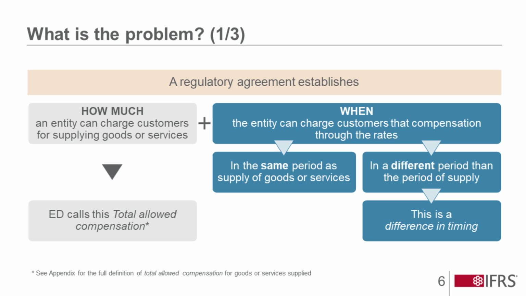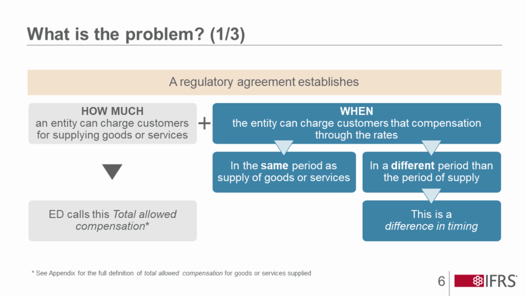But in some cases, there is a difference in timing. The regulatory agreement requires the entity to include in the rate some of that compensation for goods or services supplied in a different period. The problem is that IFRS 15, Revenue from Contracts with Customers, follows the regulated rate.